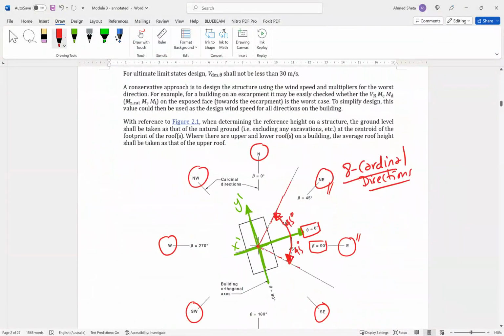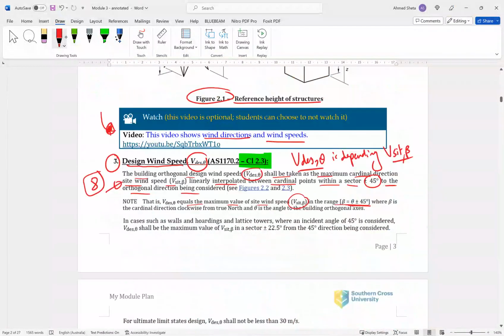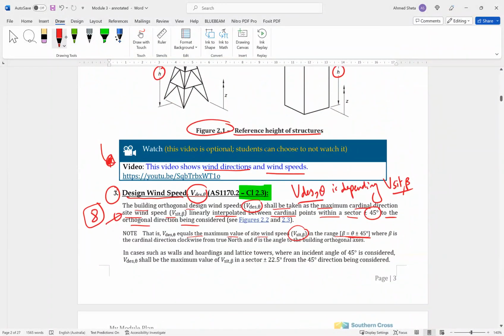So if you are considering this direction theta, the design wind speed will be the maximum of these two in the range of plus or minus 45 degrees of the direction you are calculating for. And you have to do this for each direction, where beta is the cardinal direction clockwise from true north, and theta is the angle to the building orthogonal axis.